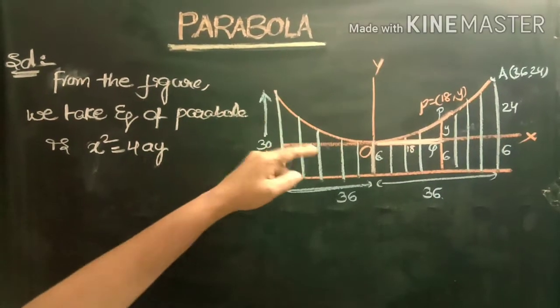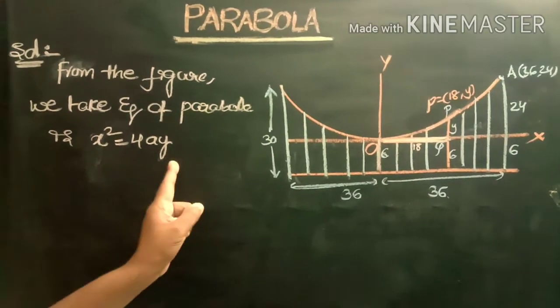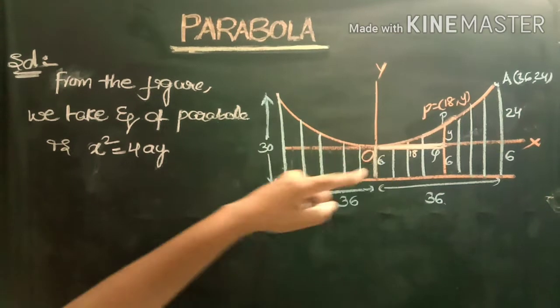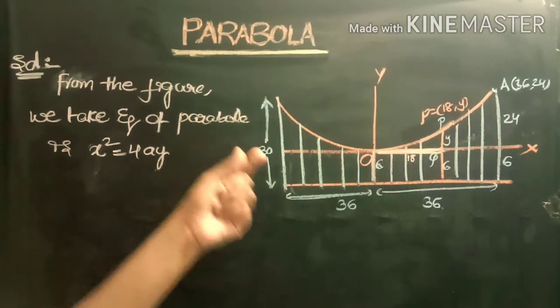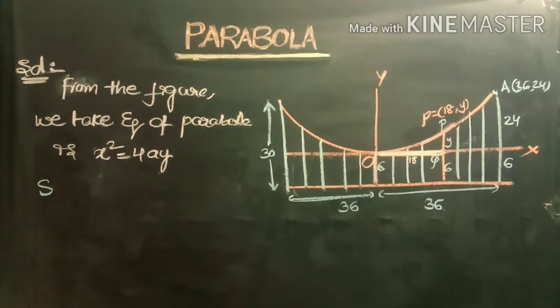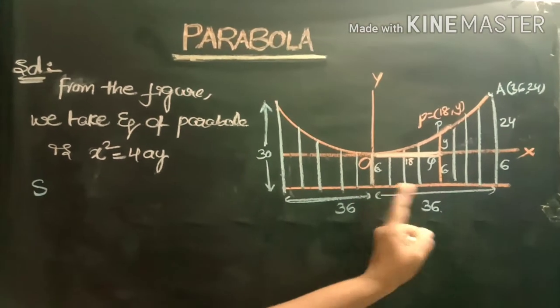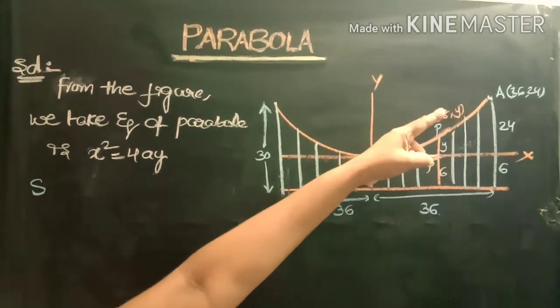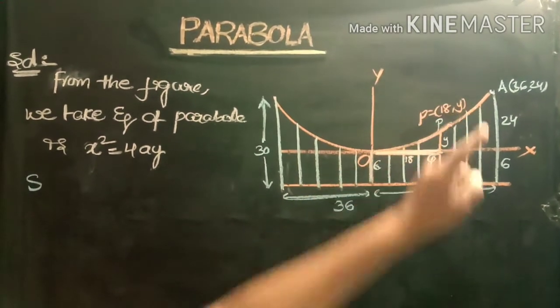Here from the given diagram we take the equation of the parabola as x square is equal to 4ay, and here (36, 24) lies on the parabola, so we substitute that point in this equation to get the value of a. We take that point from the given data: half of the value is equal to 36 and the length value is equal to 24. So the coordinates of that point are (36, 24).